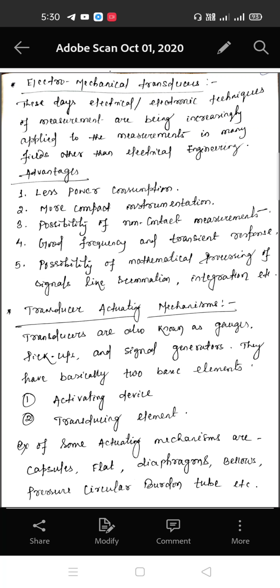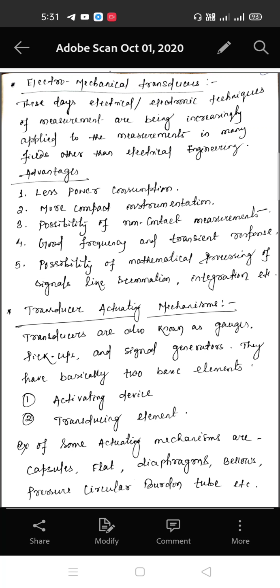The basic advantages of electromechanical transducers are less power consumption, more compatibility with instrumentation, the possibility of non-contact measurements, good frequency and transient response, and the possibility of mathematical processing of signals like summations, integrations, etc. These advantages were already taught to you in the beginning lectures.